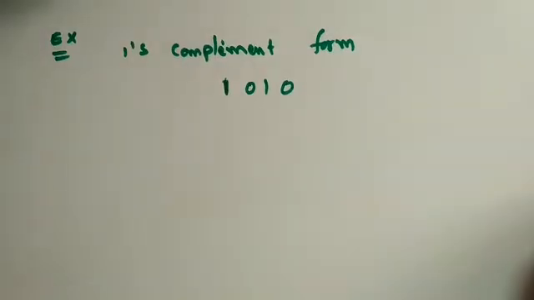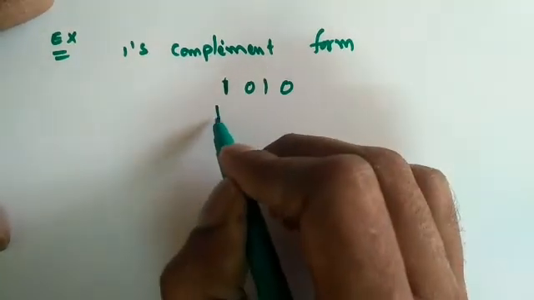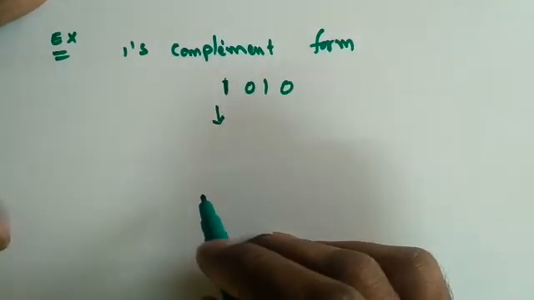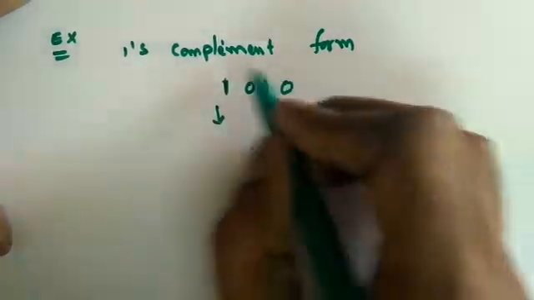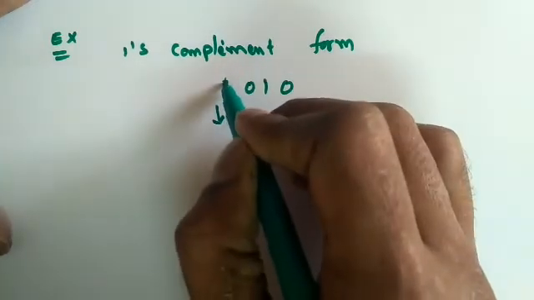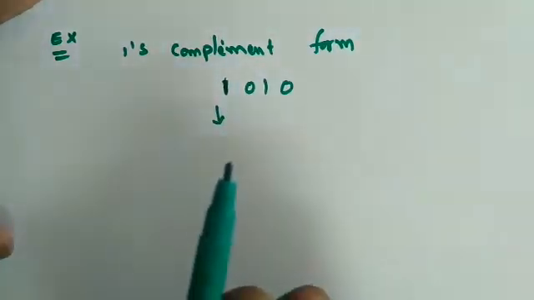One example: suppose it is in 1's complement form. What is the equivalent decimal number, including the minus or sign bit? The moment it is in 1's complement form, it is a negative number because the first bit is 1. Now how to find the magnitude?